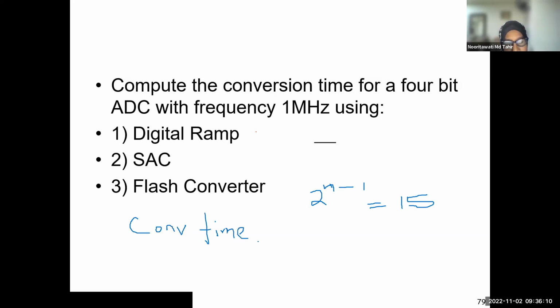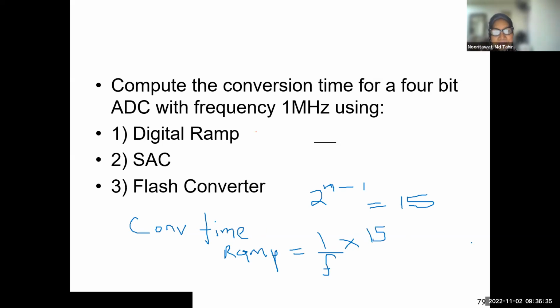Okay. Kalau untuk RAM dia akan jadi 1 over F, okay. T is 1 over F times 15. Sebab dia akan proses sehingga 15 kali lah kan.